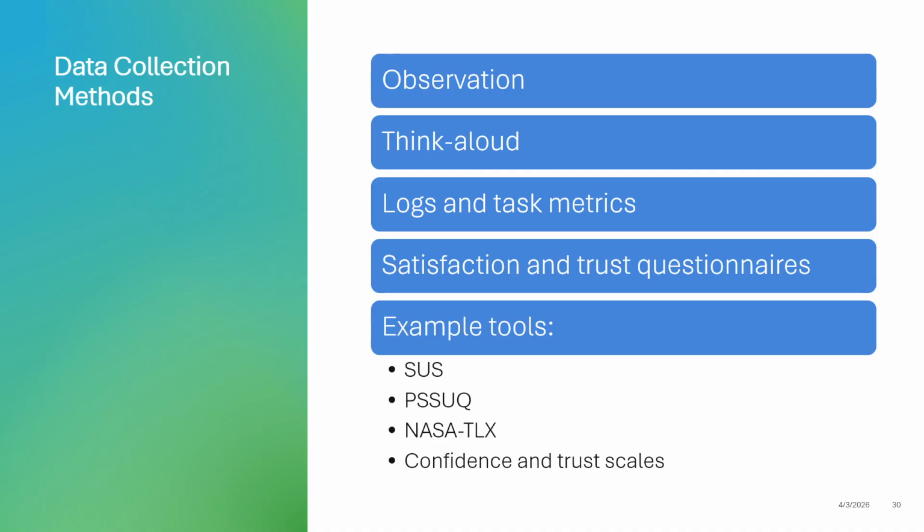Basically, it's 10 questions, 5 are graded in one direction, the other 5 in the other direction, to just balance the attention of the user, and it gives us a score that allows us to identify the general usability of a tool, and it has been calibrated over time with some scores.